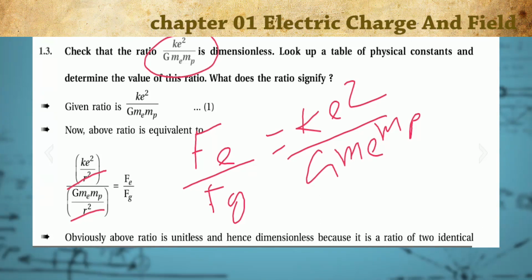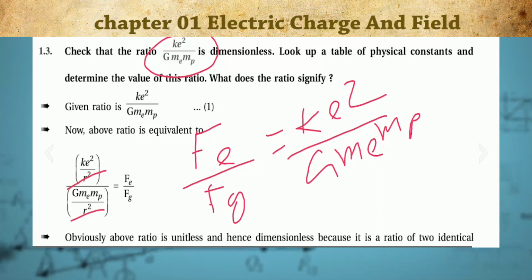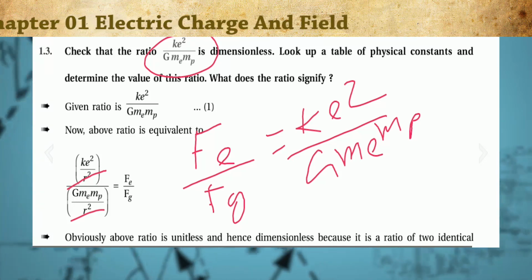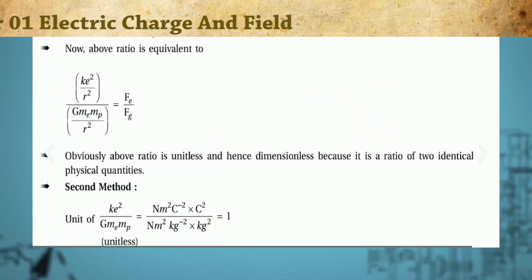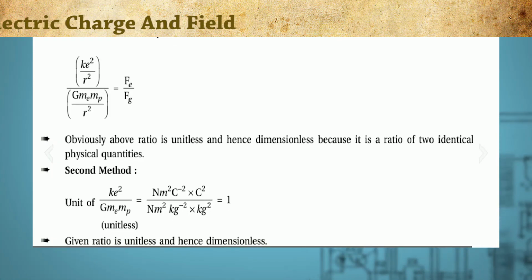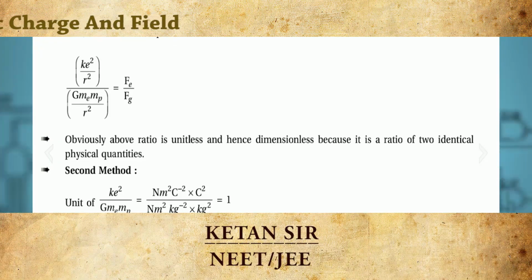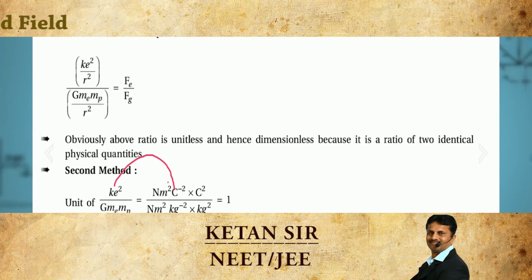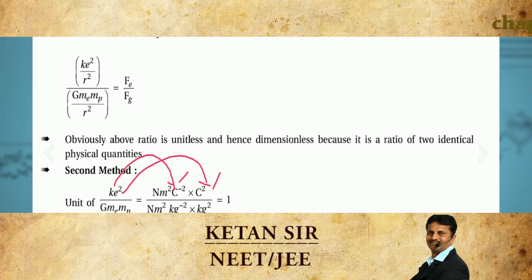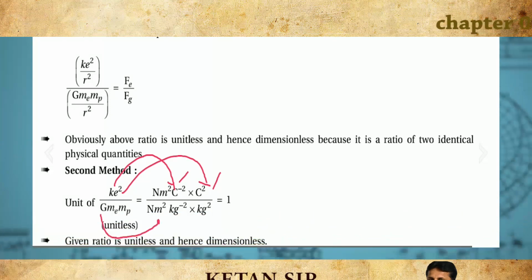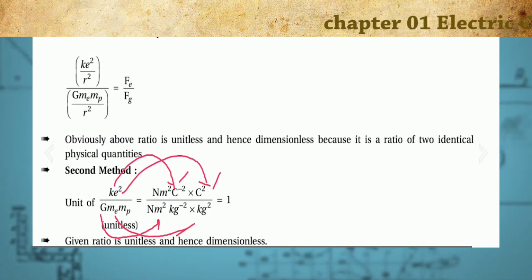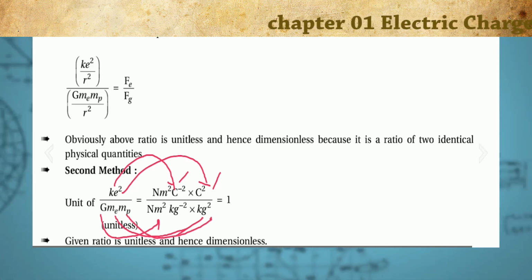That is the ratio of electrostatic force upon gravitational force. For the further solution you need the dimension formula. For that, simply use the units: the unit of K, unit of charge, then unit of G, unit of one mass and another mass, which is kg square.